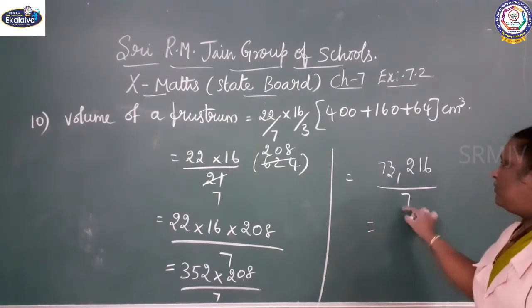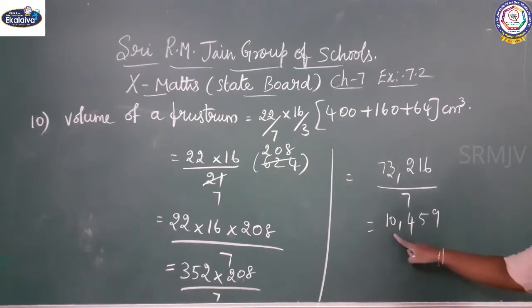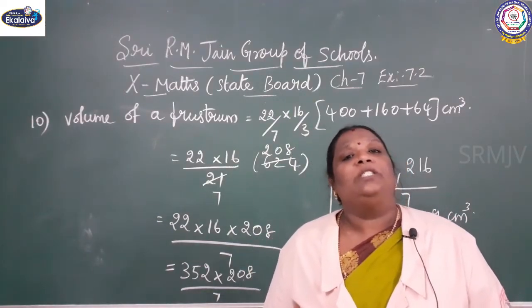You divide the values. 7 tens are 70, balance 3, and so on. We get 10,459 centimeter cube. We can make it into liter, because the cost of milk per liter is rupees 40.